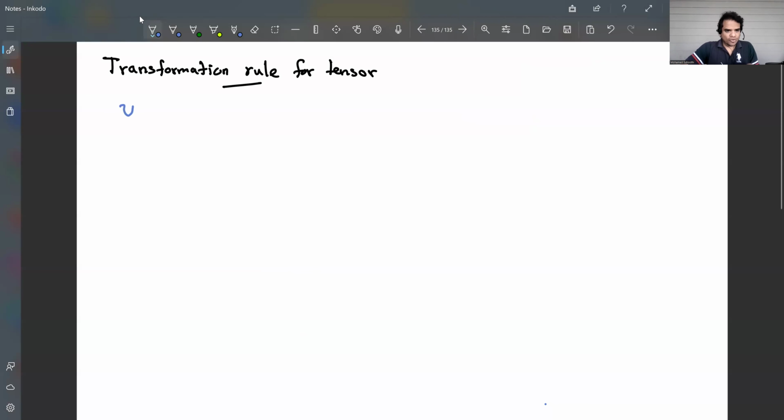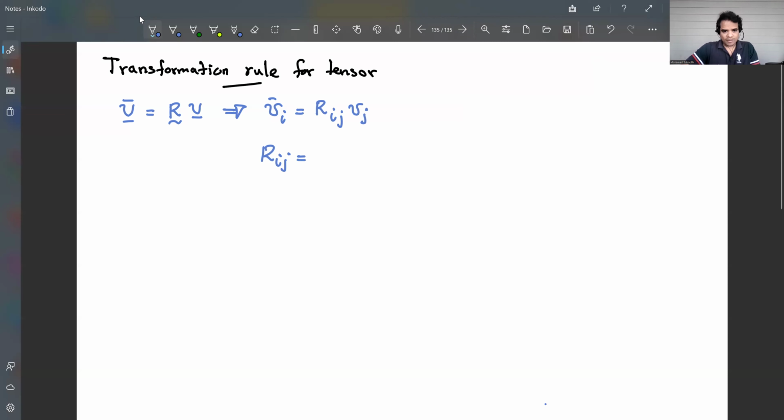Let's say you want to find the bar vector: that is the rotation transformation matrix times the unbar vector. If you want to write it in index notation, it is Rij, Vj. So what is your Rij actually?